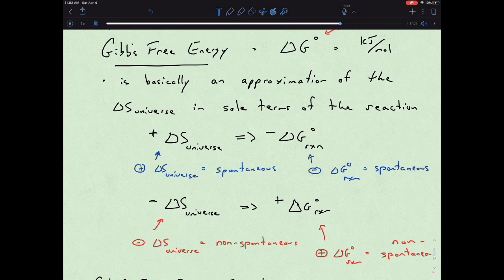So the delta G really gives us a way to just look at the reaction and the materials that we're starting with, the materials that we're producing in the reaction, and then be able to really approximate whether this is a spontaneous process or not based on those signs.